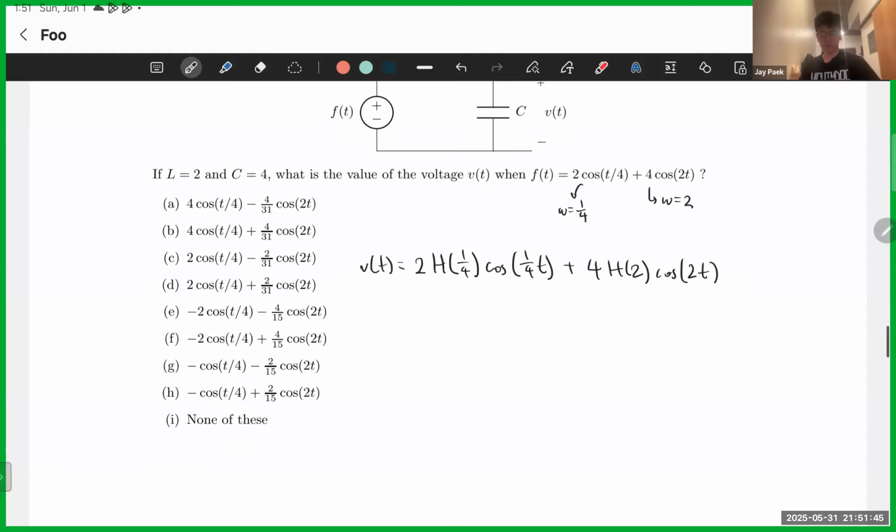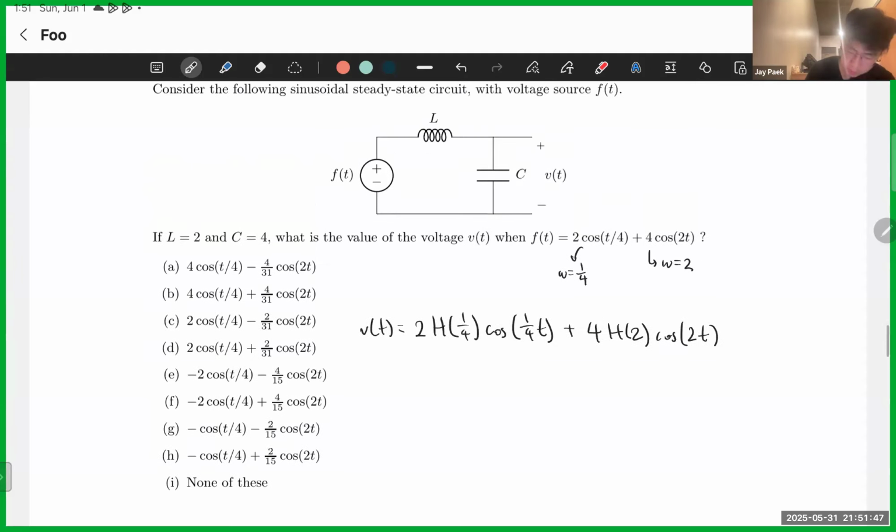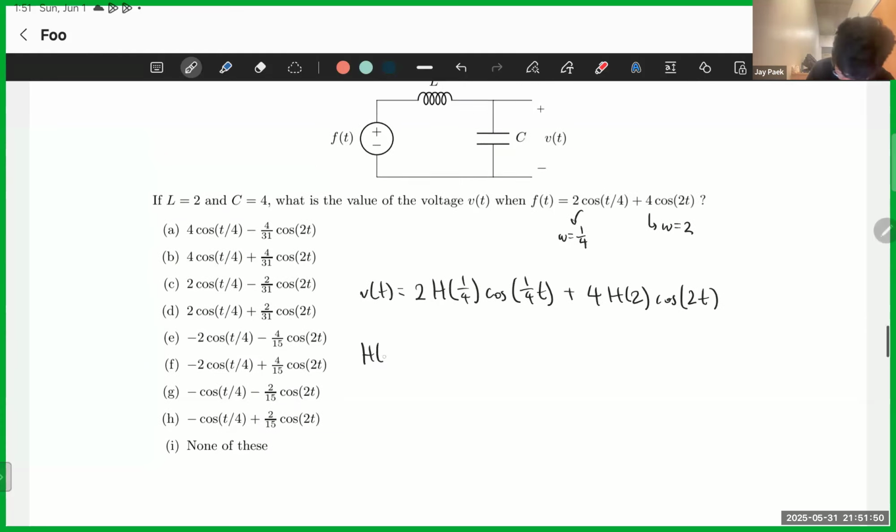Let's get right into this. All we need to do is solve for H of omega, which is clearly just a voltage divider. Let's solve for that.